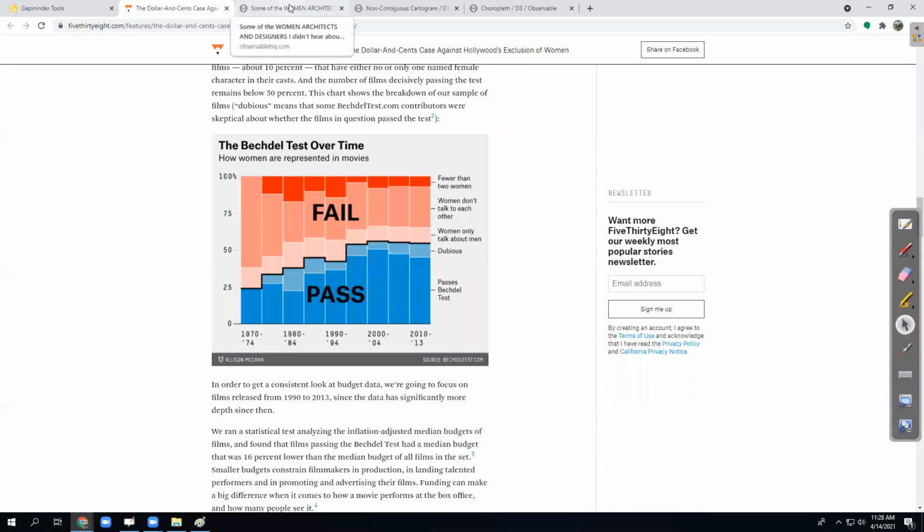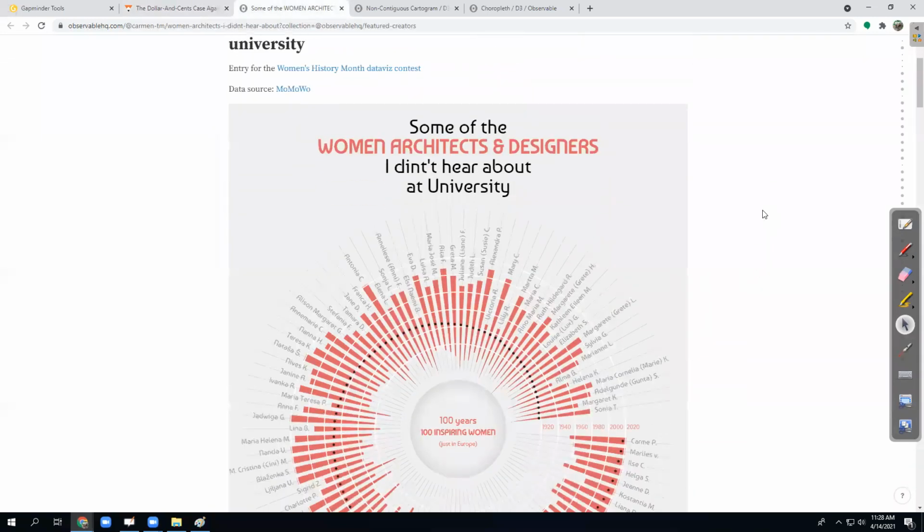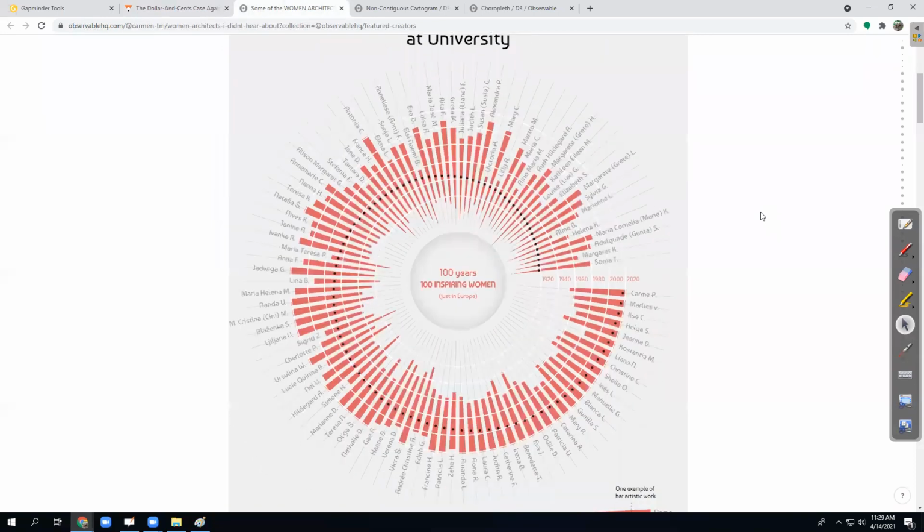Next one, I was on the subject of women, so I kept going a little bit. This was a beautiful graph about 100 inspiring women in architecture, and these were just in Europe. The scale coming out of the origin is from 1900 to 2020, and any particular line heading out is the lifespan of the woman.